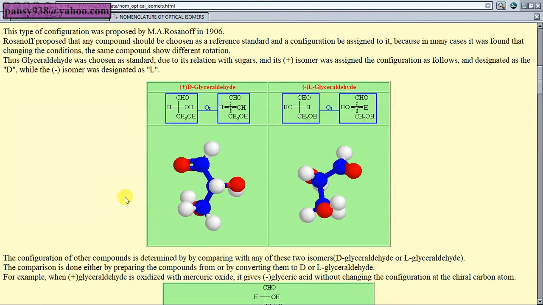Now concentrate why they are designated as the positive D and the positive L representations.